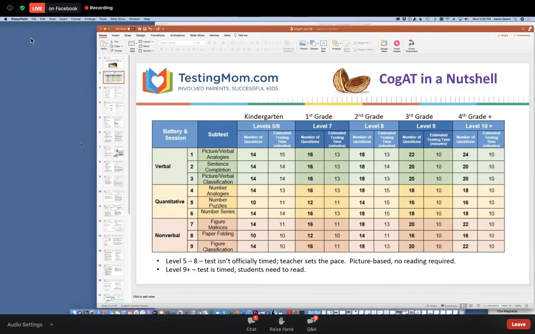Do we have to register for the test ourselves, or will it be given to everyone at school? Check with your school district. Again, it totally varies by school district. If you want your child to be considered for the gifted program, you find out, there's probably a gifted coordinator.